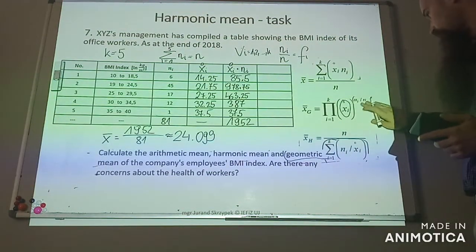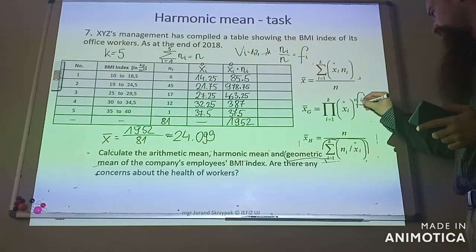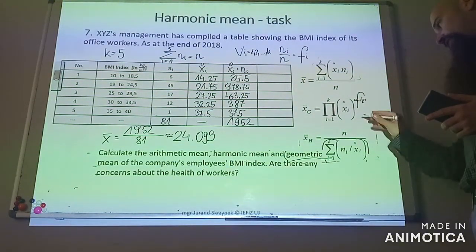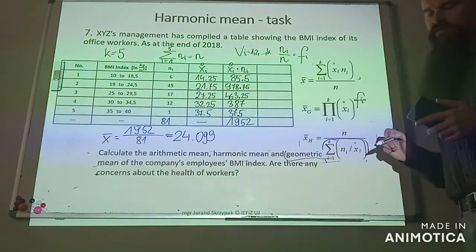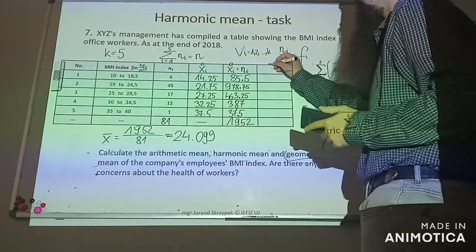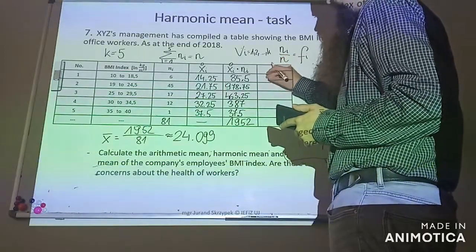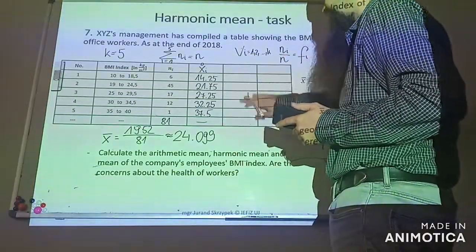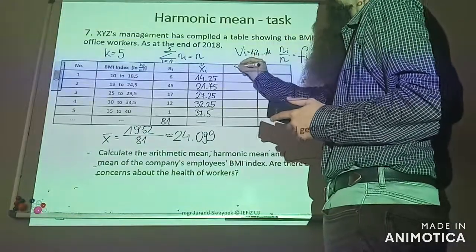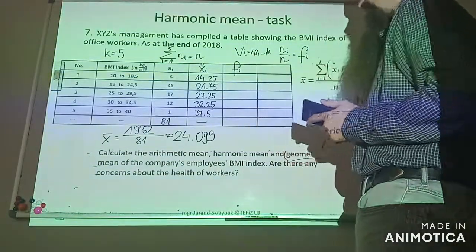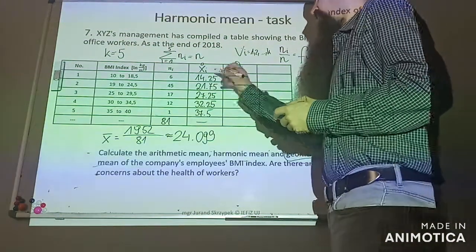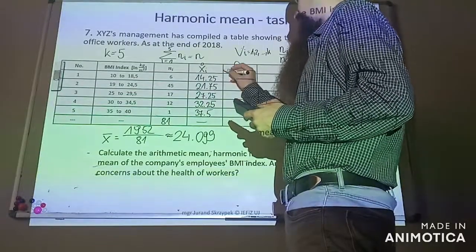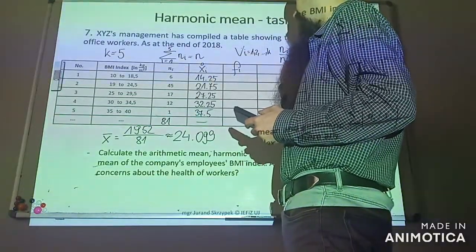So the modification of that formula is the middle of the class to the power of the relative frequency. So we need the column with the relative frequency. So we can delete this column, and we are interested in the column of the relative frequencies.